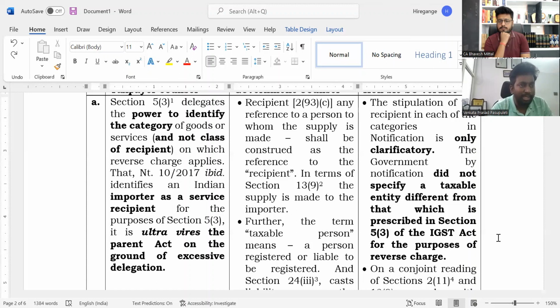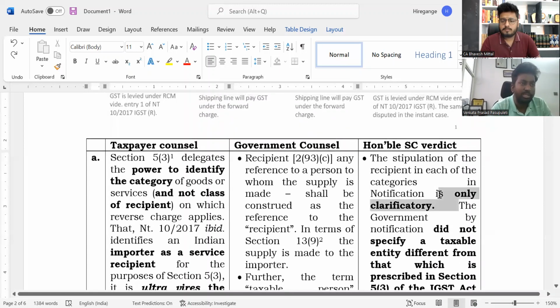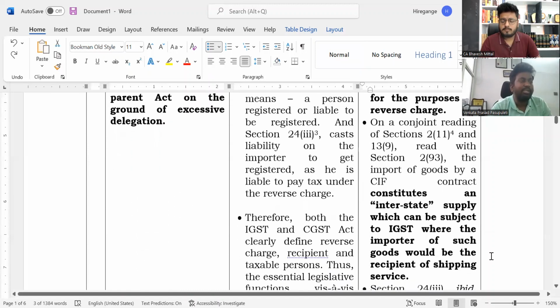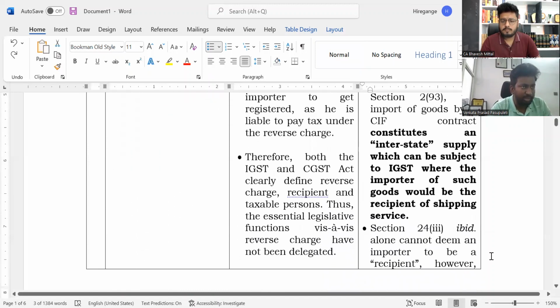So by reading together Section 13(9) and the recipient definition, the department argued that the recipient has to be the Indian importer, because he is receiving the supply, he is the beneficiary of the transaction, and is also making a payment to the foreign supplier, which includes transportation, with the destination being in India. So it will be constituted as a supply happening in India, and he will become a recipient. This is the argument of the department.